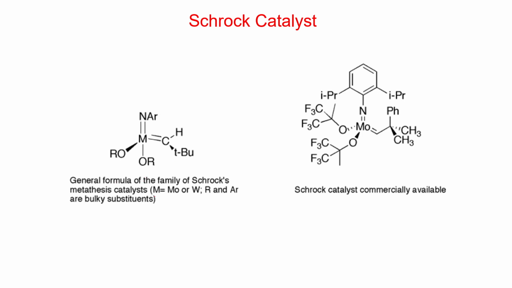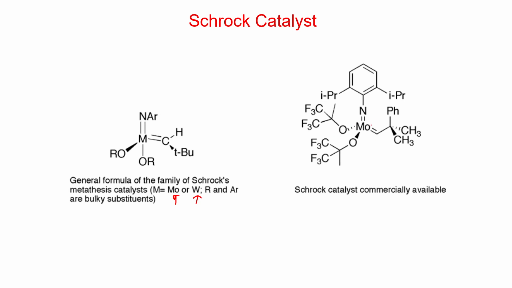For this kind of Schrock carbene, molybdenum and tungsten are actually used, and R and R' are bulky substituents. So this is the commercially available Schrock catalyst where molybdenum is used.